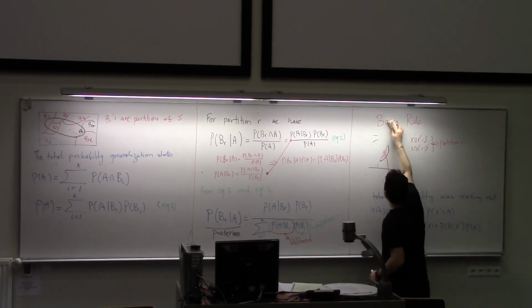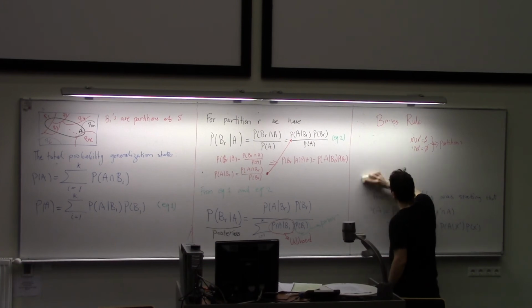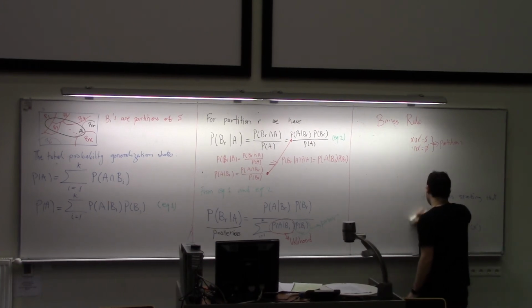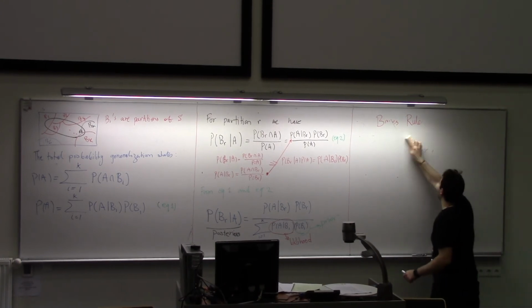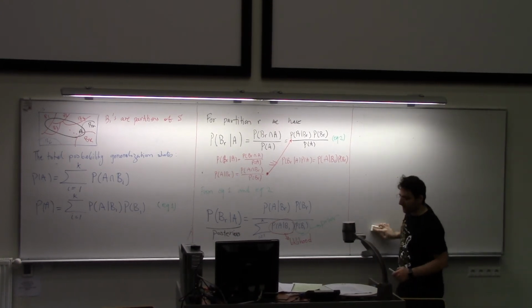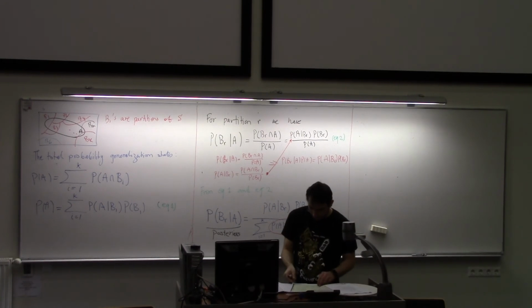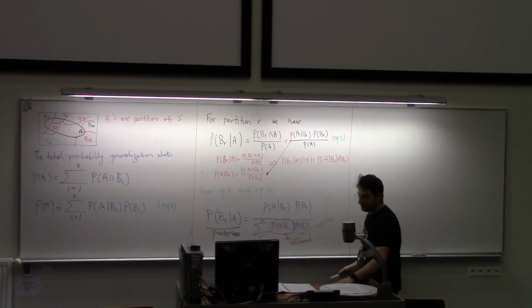This is a formula that we use in pattern recognition in general, if you want to use probability to calculate whether something belongs to a class or not. And this is called the Bayes rule.